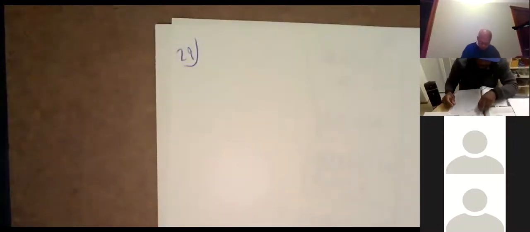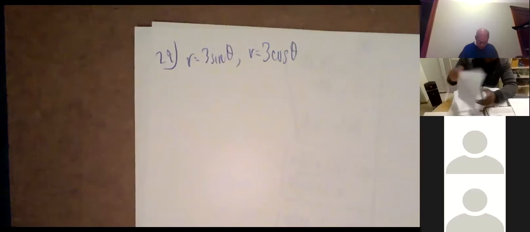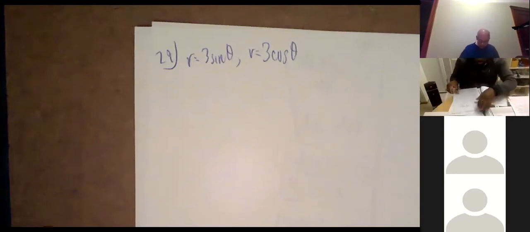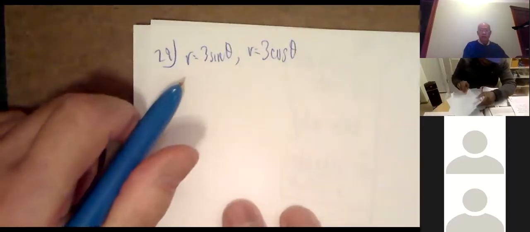Inside both curves, r equals 3 sine theta, r equals 3 cosine theta. Okay, that's very much like my 31 star, only the radius is just bigger.